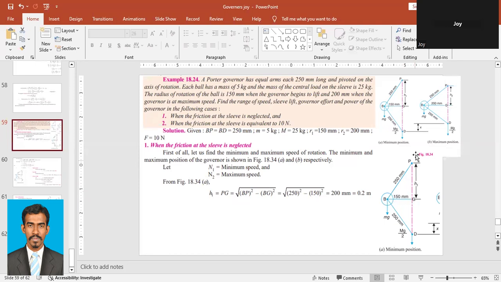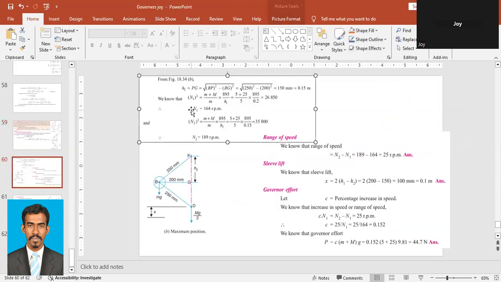So H1 is equal to under root of BP squared minus BG squared, which is 250 squared minus 150 squared. Under root of it gives 200 millimeter. So H1 is equal to 200 millimeter.